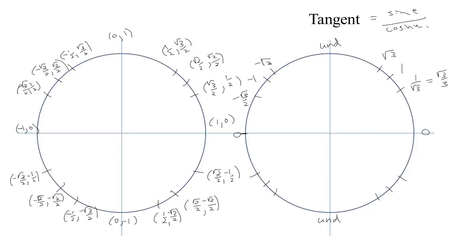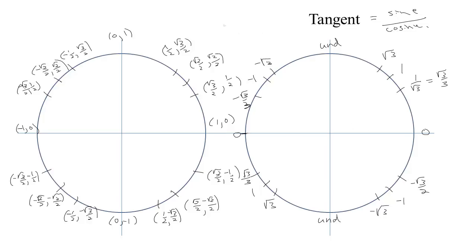So that means, say at this angle, we have, oh, I wrote that wrong, negative root 3 over 3. Okay, so here we have positive root 3 over 3, positive 1, because it's a negative divided by a negative, same number, and positive root 3. Here they're negative again, though, so we have negative root 3, negative 1, and negative root 3 over 3. So we got all the values for tangent.